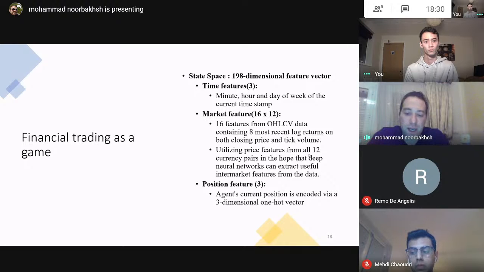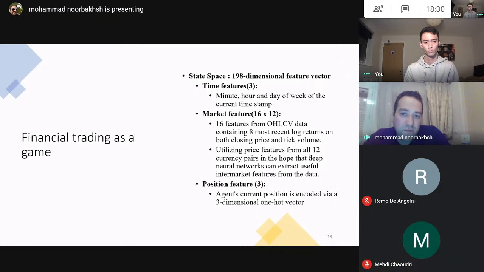So as I said in the previous slides, we have to vectorize the state space. This is one example. For example, they create a vector of 198 dimensions. One of the features is time features. For example, they included minute, hour, and day of the week of the current time stamp, because in the FX markets, the time of the week is important information, because the FX market behaves differently at different times of the day or different days.